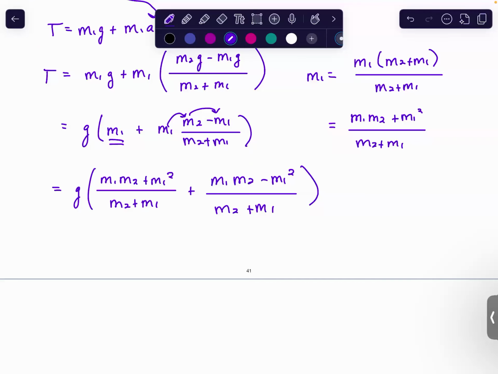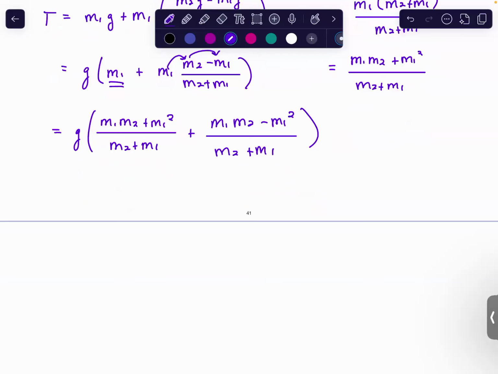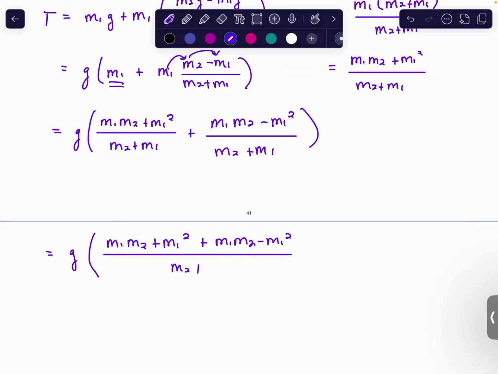Okay, and now I have an addition of two fractions with the same denominator. And let's see what ends up disappearing.